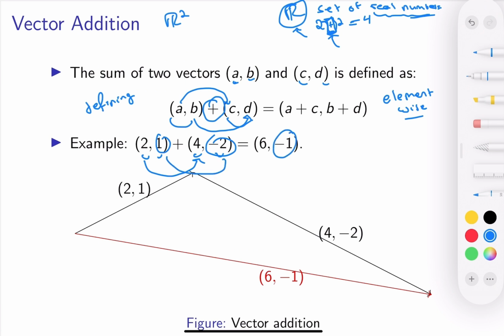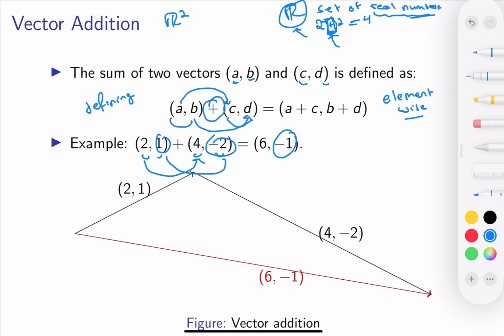So here's one thing I wanna warn you about. We just defined addition. So until now you can't just say let's subtract two vectors, because the notion of subtracting is not yet defined. For real numbers, you know what it means to subtract two real numbers.